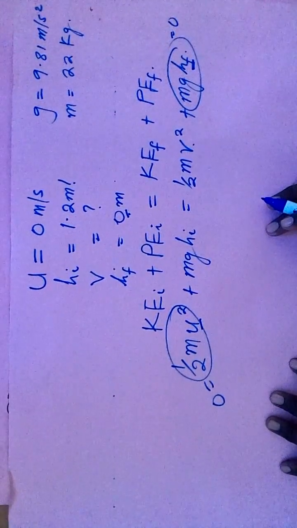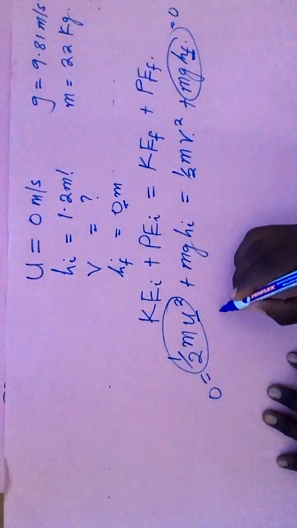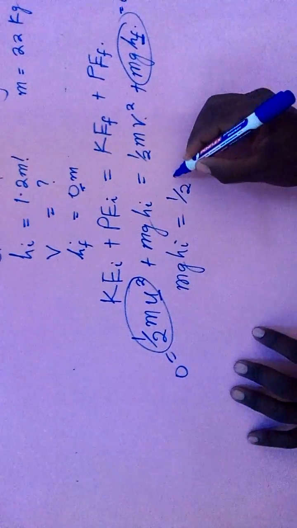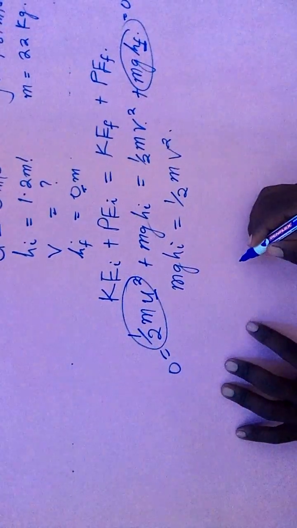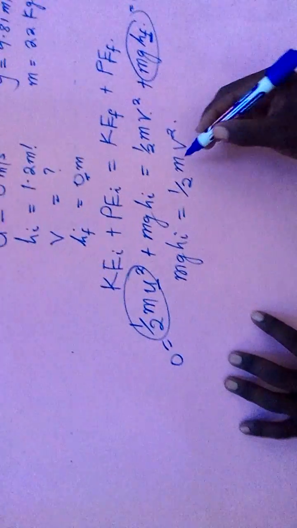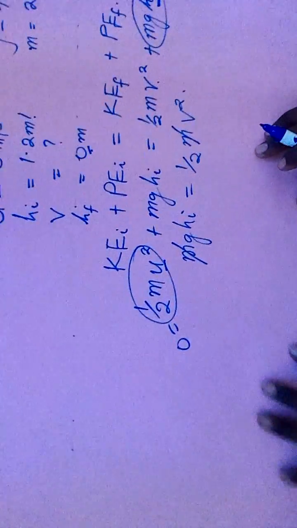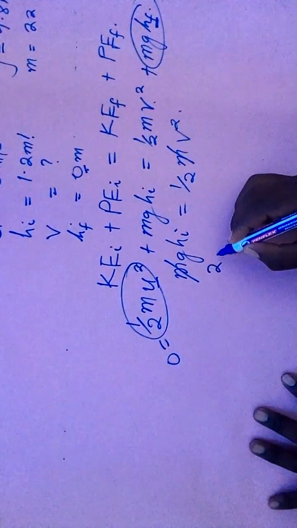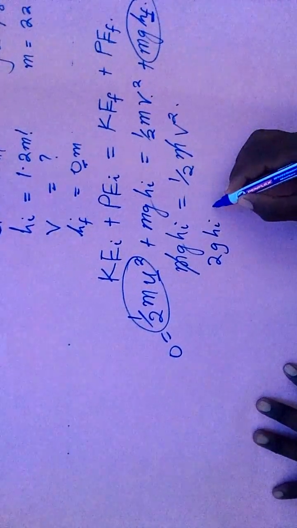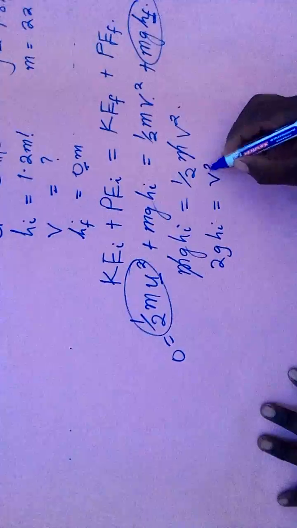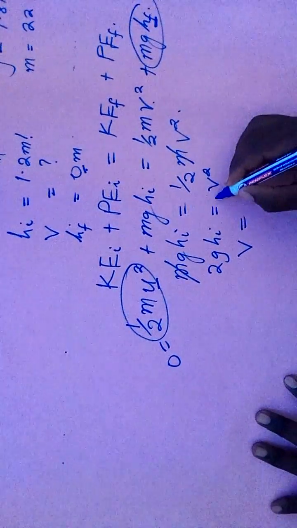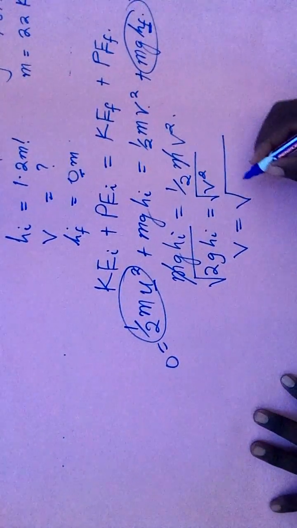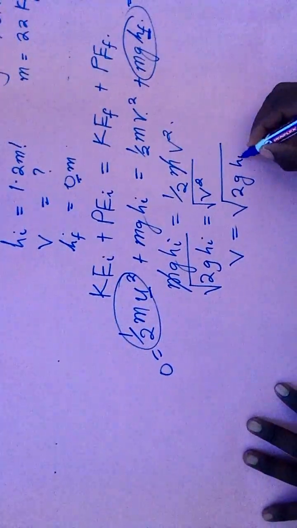Reducing this equation, we remain with m g h initial equal to half m v squared. The m cancels out, and when we multiply both sides by 2, we have 2 g h initial equal to v squared. So v, we introduce the root, is going to be the square root of 2 g h.